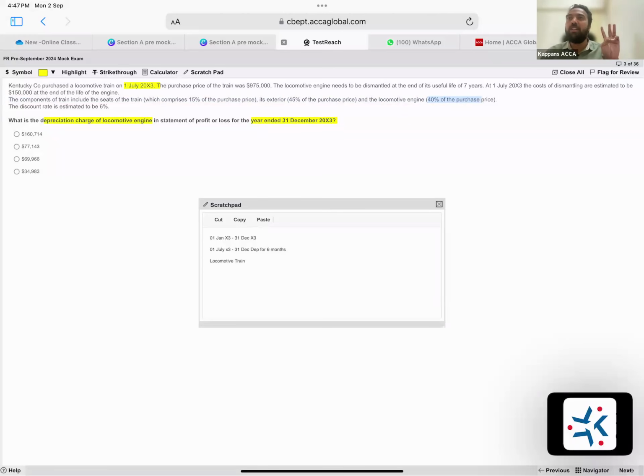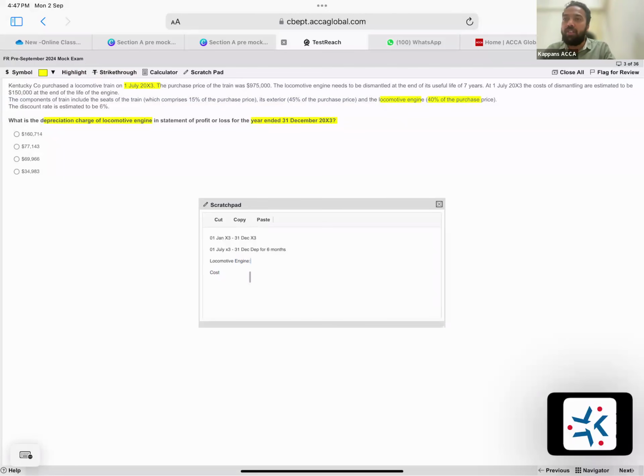There is the exterior, which is 45% of purchase price. And the third one, the locomotive engine, 40% of the purchase price. So the cost of the locomotive engine, that is our question.